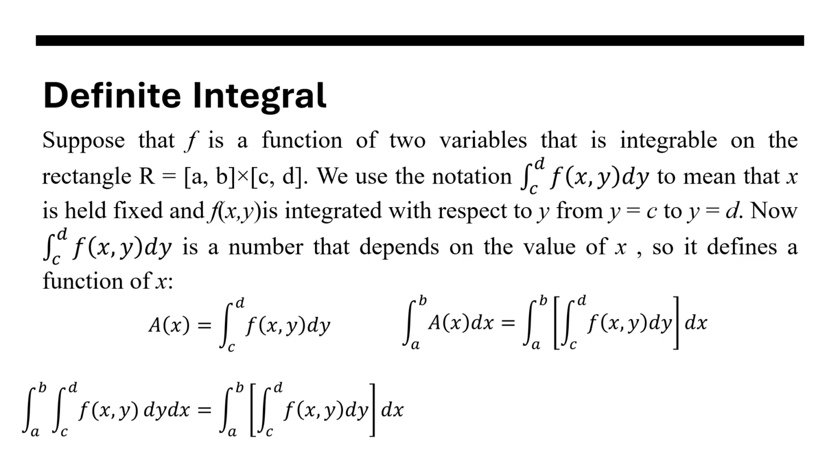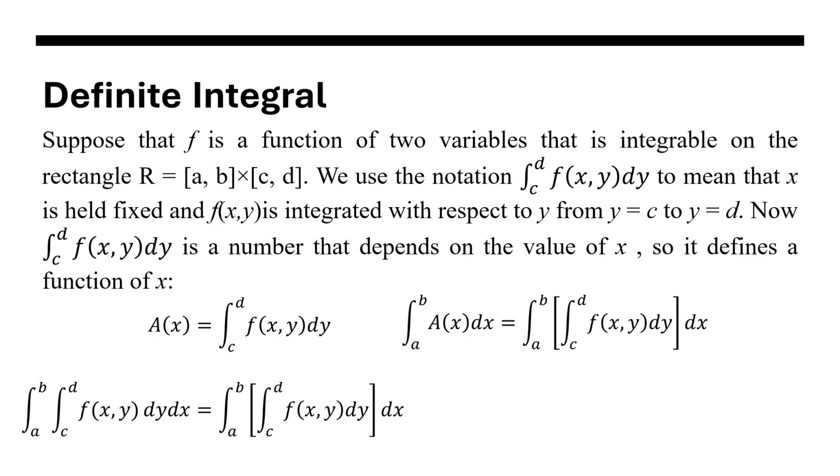So you have the definite integral of f of xy dy from c to d. Then you have to integrate it from a to b. So this means that we first integrate with respect to y from c to d, and then with respect to x from a to b.